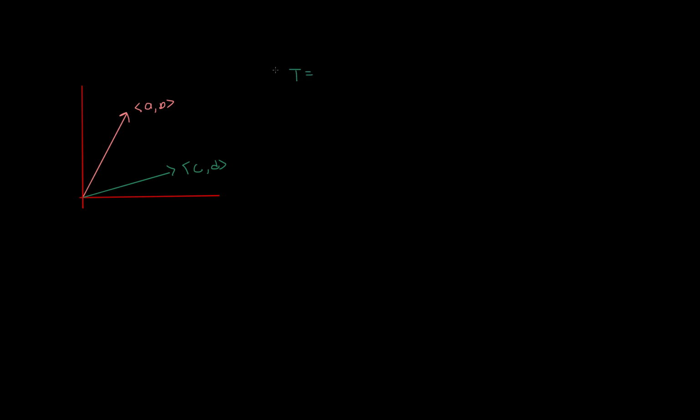All right, the next thing we need to do is form our matrix. My matrix here is going to be AC, and then BD. In other words, we're looking at X and Y values.